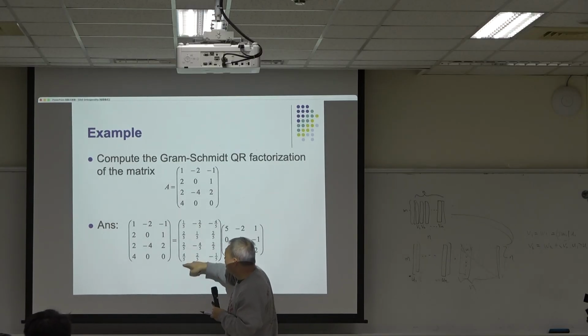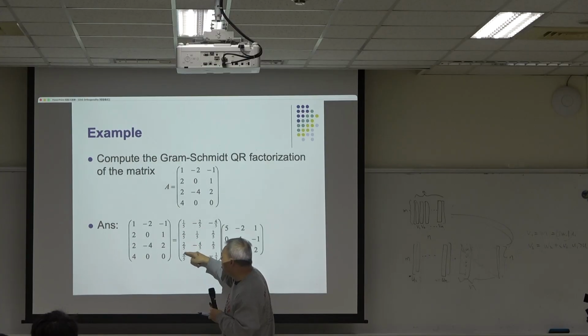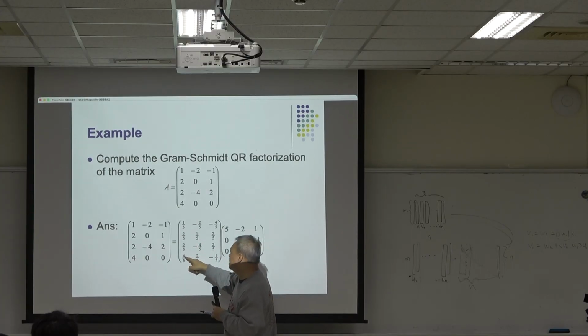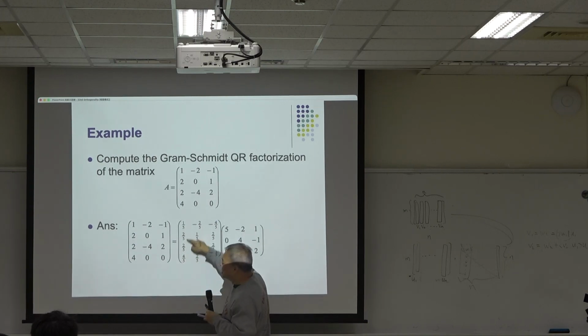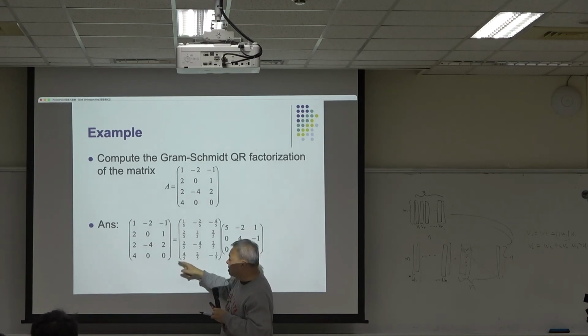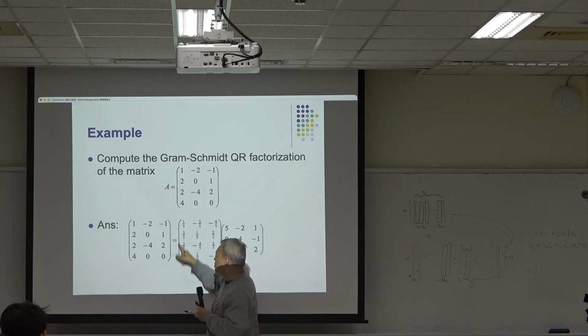Because once you do that, the denominator is the square root of 25, and the numerator is 1 plus 4 plus 4 plus 16, so it's 25, right? So this is a unit vector. You make the first vector a unit vector, so this is what you have.